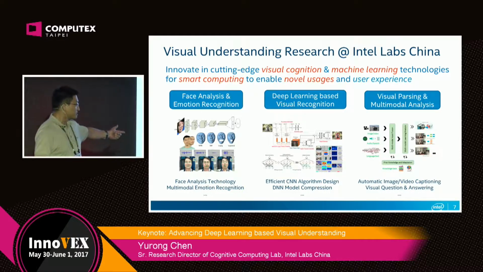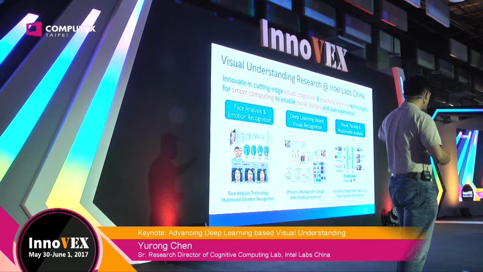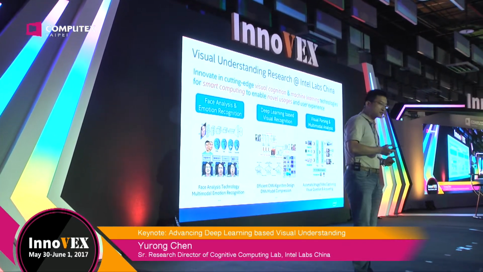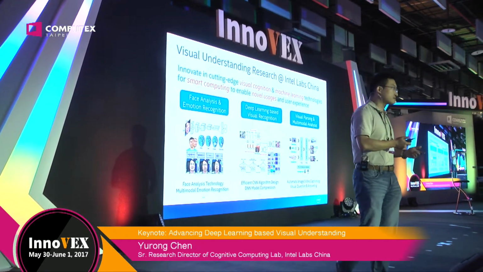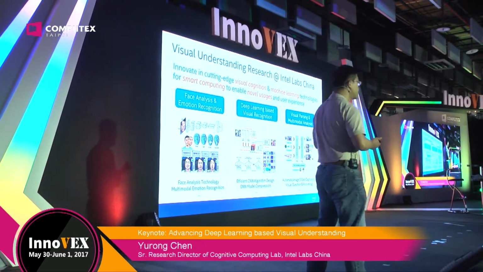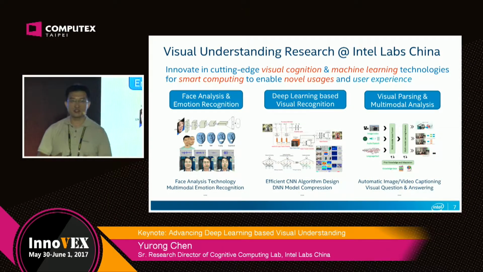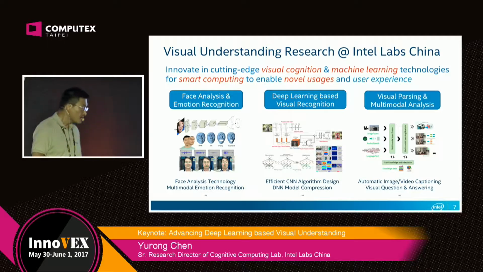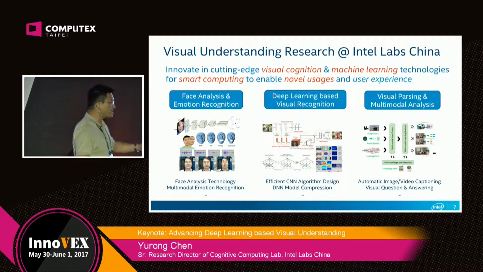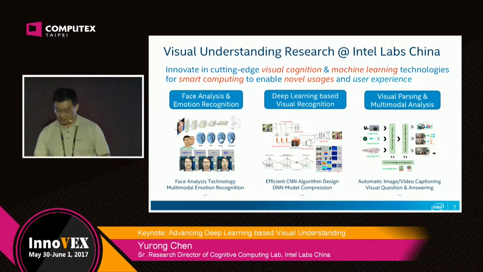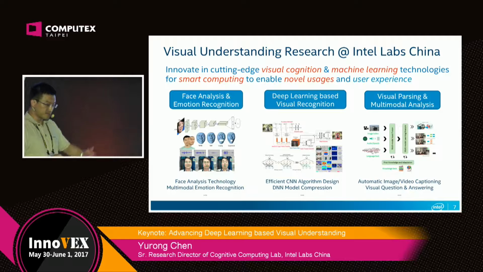It includes research work on efficient algorithm design and DNN model compression. And the third project is video pattern and multimodal analysis. Our goal is to combine vision, speech, language, knowledge, and machine learning to make machines able to see and infer like human beings. Currently, we conduct research on image and video captioning and video question answering. Later, I will talk in more detail on these projects.